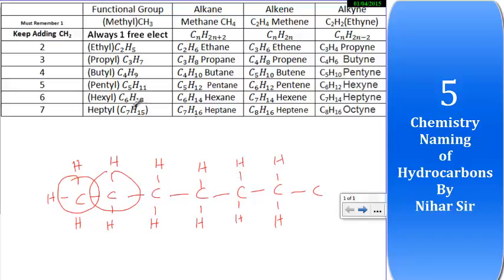Now how many hydrogens are with us? 3 plus 2 is 5, plus 2 is 7, plus 2 is 9, plus 2 is 11, plus 2 is 13. So we have 2 hydrogens left, and 1 electron to be attached to make it stable. So in a functional group there is always 1 electron free. You need to remember the first element of all the groups, and the rest you can form by adding 1 carbon and 2 hydrogens. This rule follows for alkane, alkene, alkyne and functional group as well.